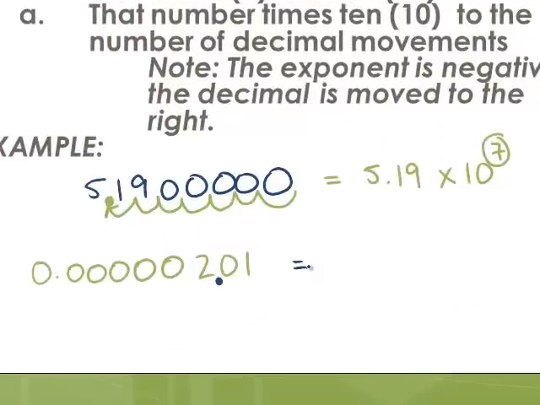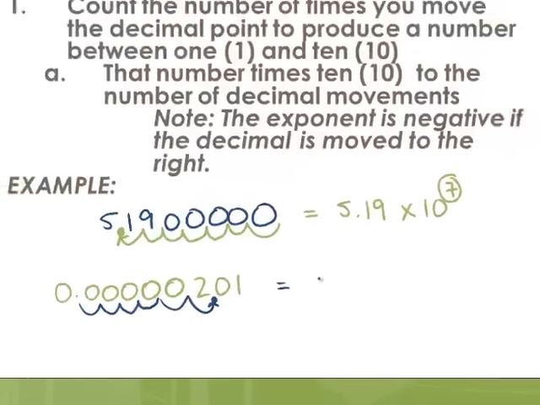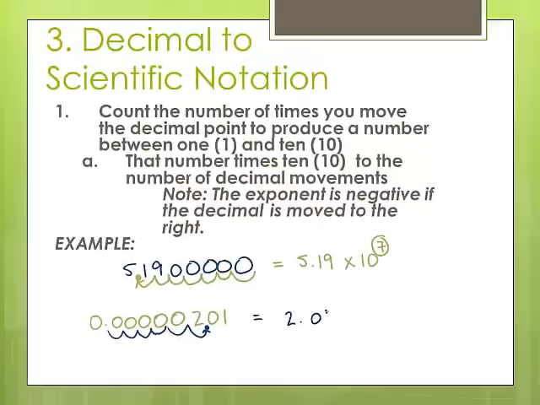How many times did I have to move that? Well, I moved it 1, 2, 3, 4, 5, 6 times this time. But you'll notice that the value was initially very small, and I moved the decimal place in the opposite direction. So because I changed it from a very, very small number into a larger number, the exponent is negative: 2.01 times 10 to the negative 6.